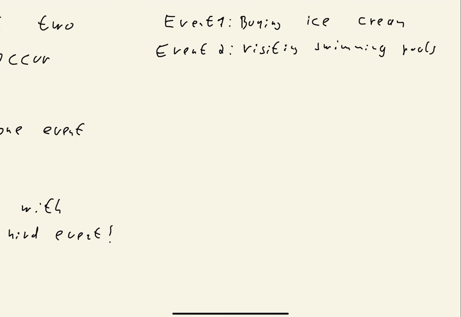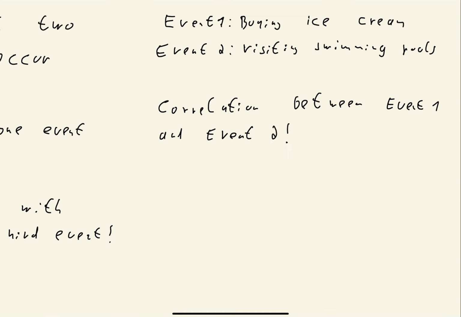I would argue that whenever a lot of people buy ice cream, a lot of people also visit swimming pools. So there is correlation between event 1 and event 2, but no causality.